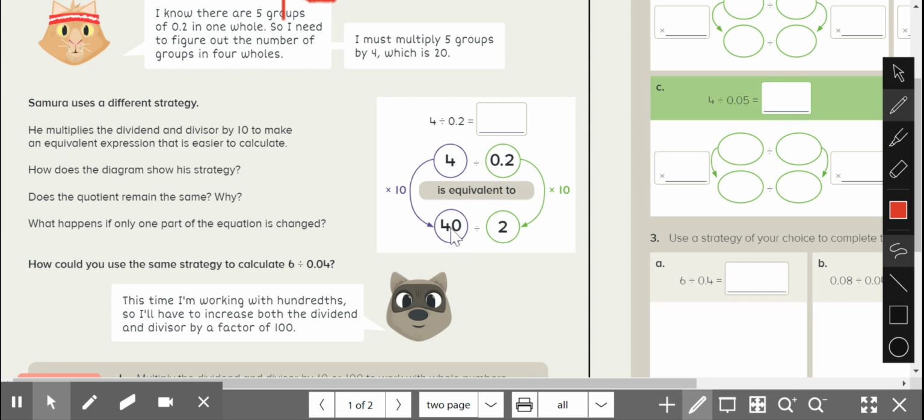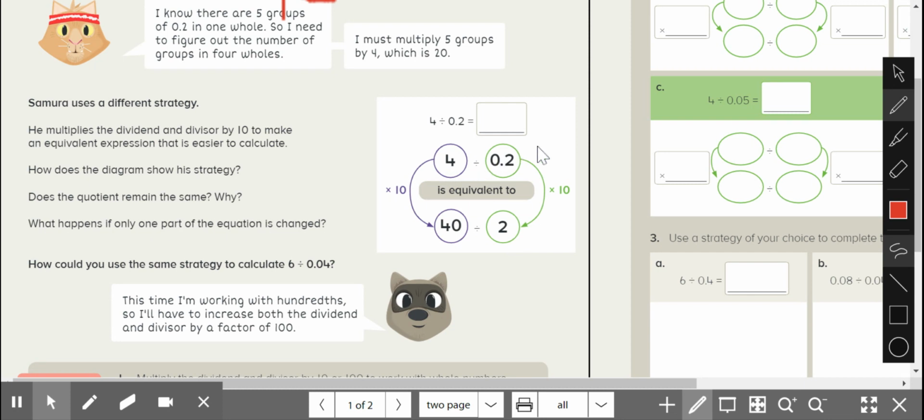So we've got 4 first, divided by 2/10. Well, to change any number, what we want to do is change it so that we have whole numbers that we're dealing with. This is a fraction, 2/10. If we take that times 10, we're going to be given 2.